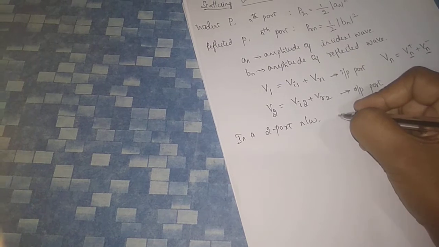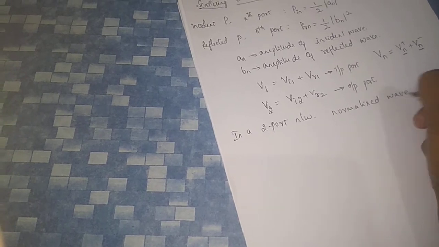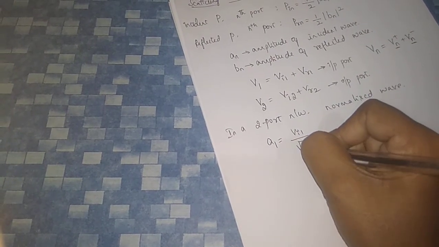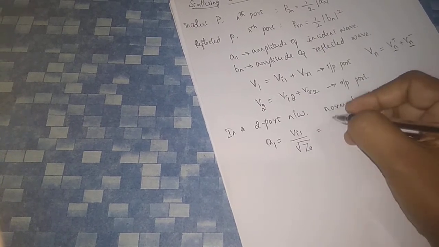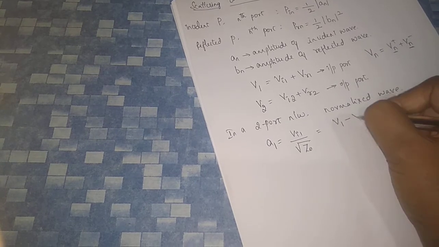In a two port network, we can express the normalized wave as A1 is equal to Vi1 divided by root of Z0, which is equal to V1 minus Vr1 divided by root of Z0.